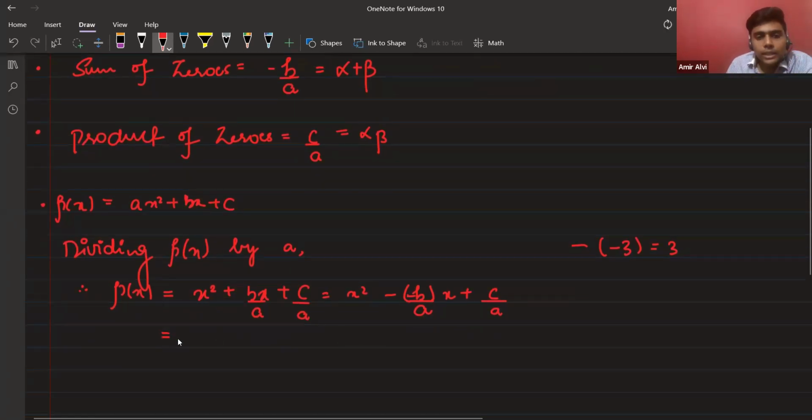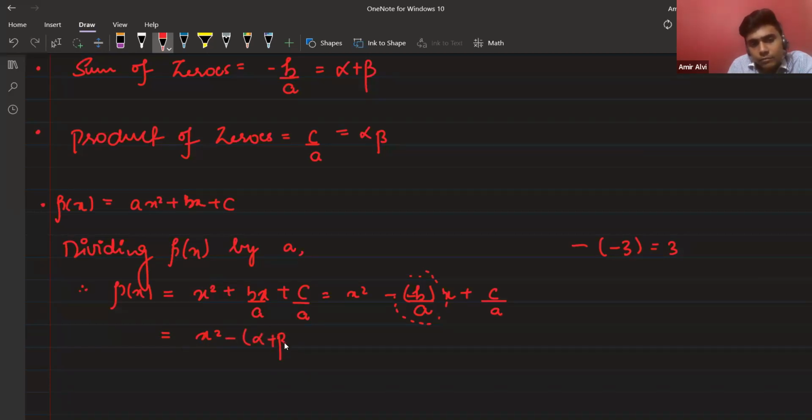Okay. So can I write x square minus b upon a as minus b upon a as alpha plus beta? Yes or no, Adil? Yes. And c upon a as plus alpha into beta.